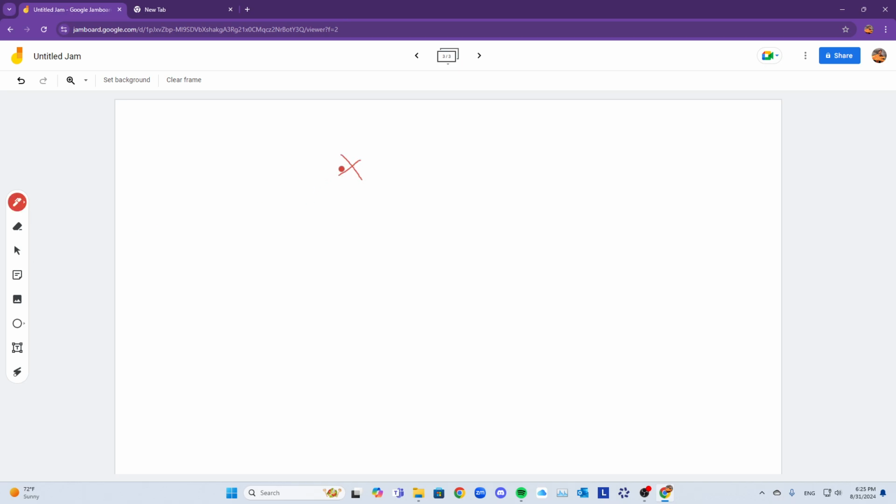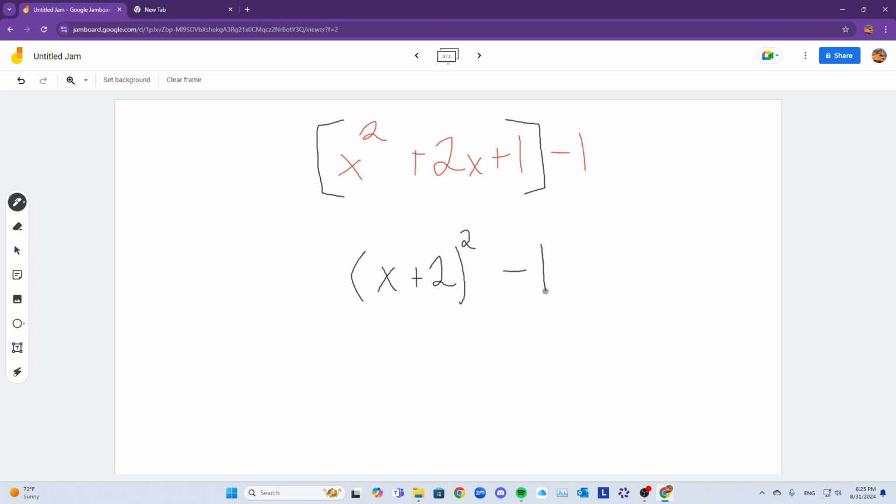I had x squared plus 2x plus 1 minus 1. What ends up happening is we've completed the square, meaning these first three terms can be simplified to x plus 2. And if you have any more questions on completing the square, please look up videos that say complete the square. And here you're left with minus 1.